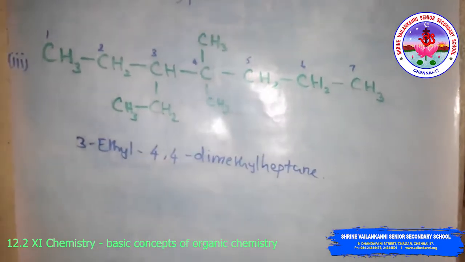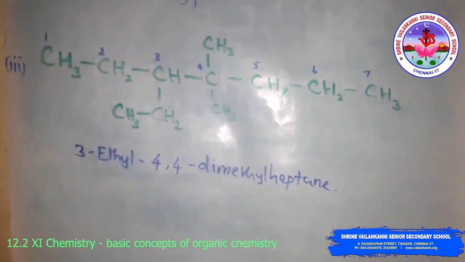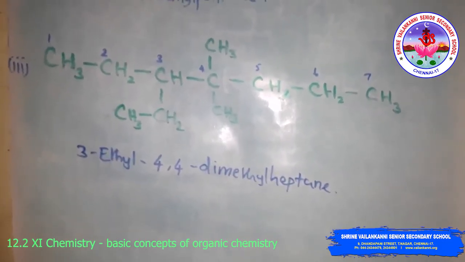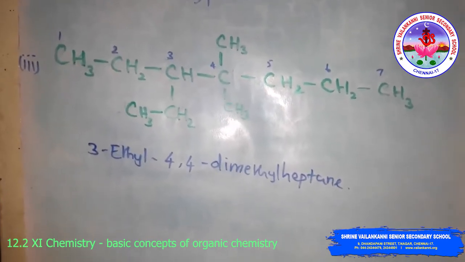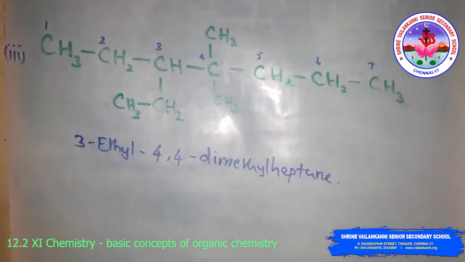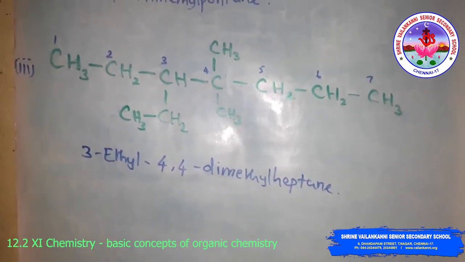dimethylheptane. Okay, then suppose two substituents are found in equivalent positions, the lower number is given to the one coming first in the alphabetical listing.